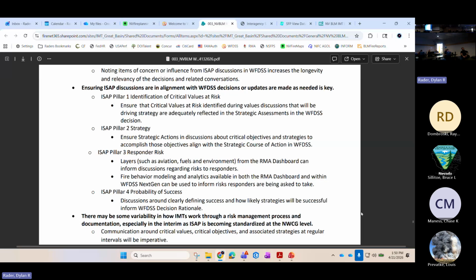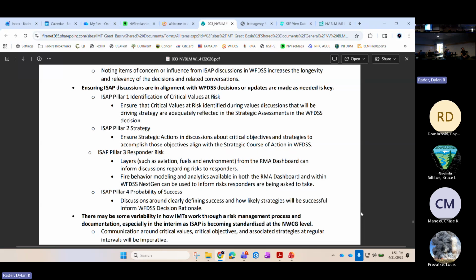There's actually a formula that if you work through the ISAP process and you work through the spreadsheet that is part of the ISAP process, it'll calculate what your probability of success is based off of some basic underlying risk analysis factors like SDI and a few other things we've been talking about.